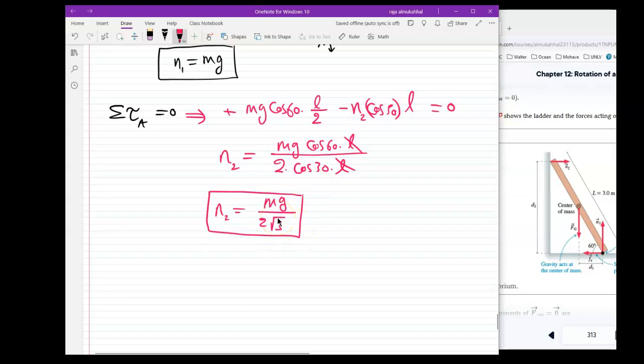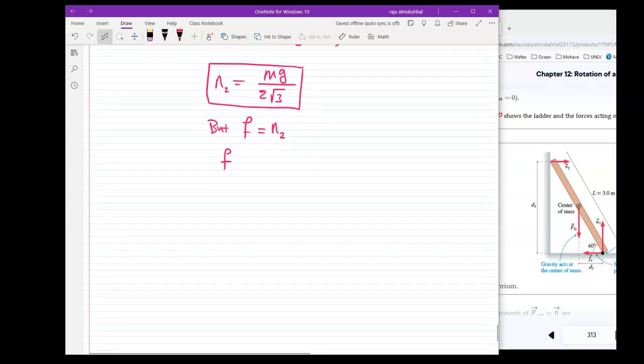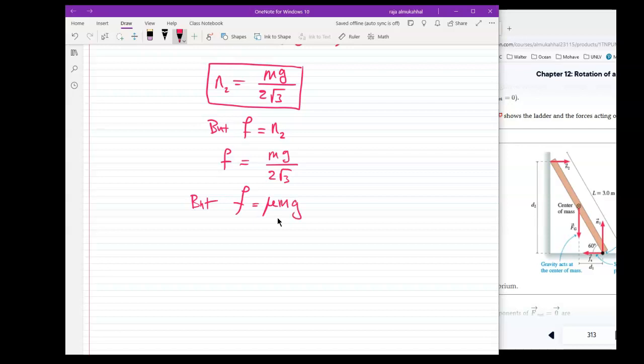Okay? And then we can say that F is equal to N2. So that means the friction is also equal to mg over 2 square root of 3. But also, F is equal to mu mg, remember? And so we can equate them together. So we have here mg over 2 square root of 3 equals mu mg.